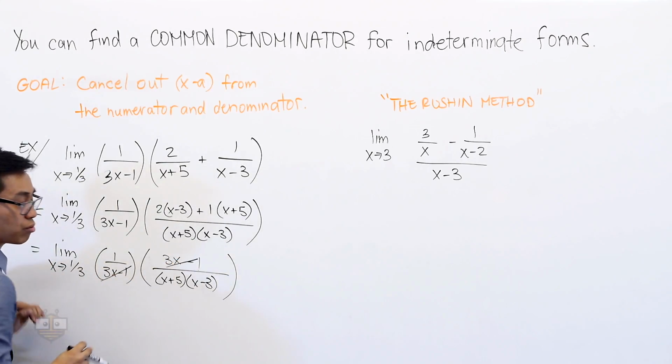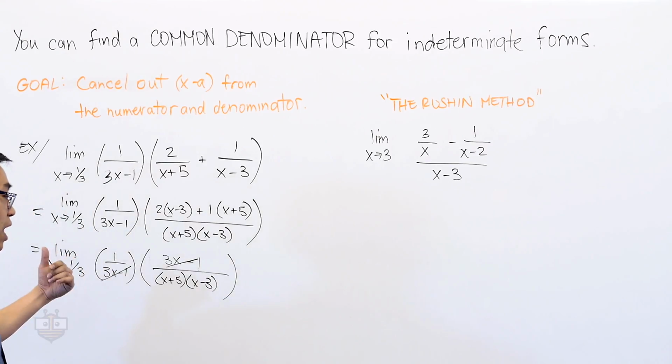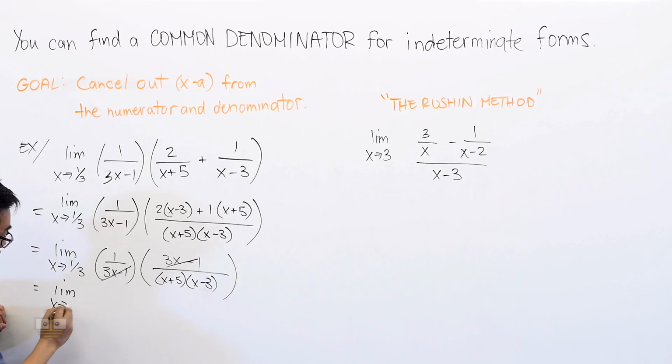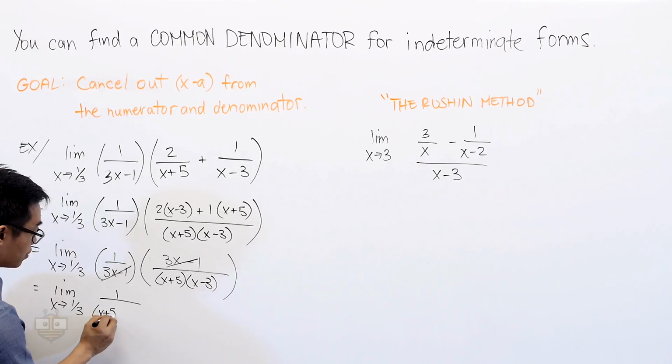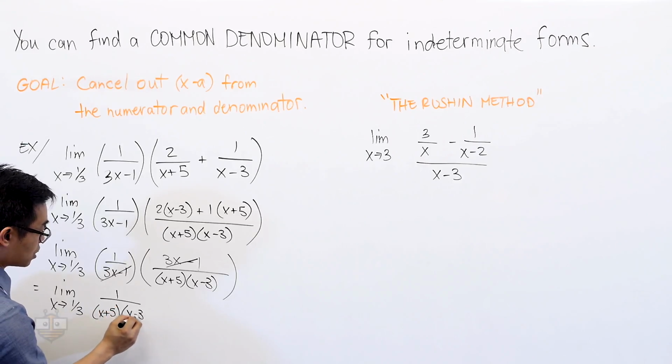We can cancel out the 3x minus 1 out of both the numerator and the denominator to leave us with an expression of 1 over x plus 5 times x minus 3.